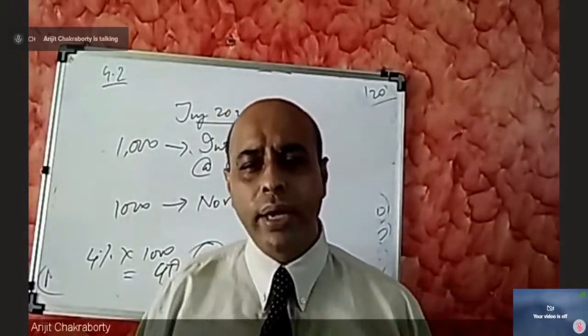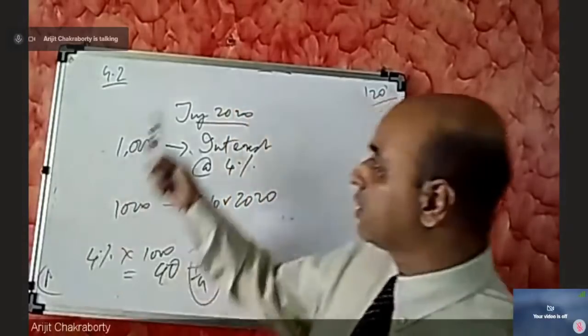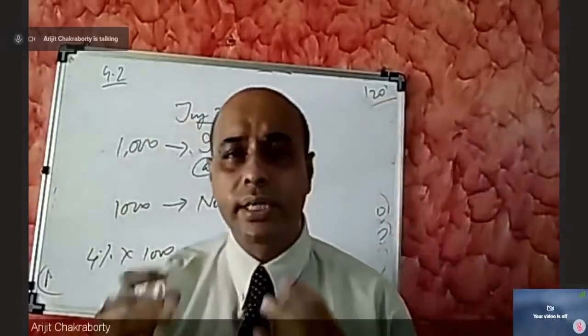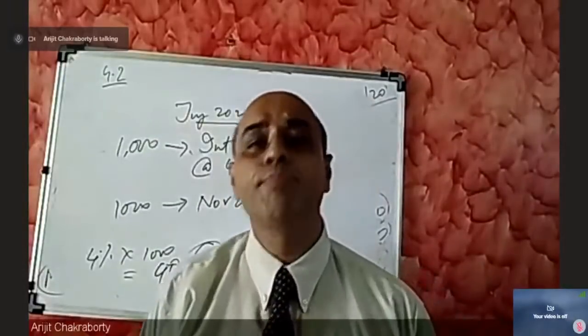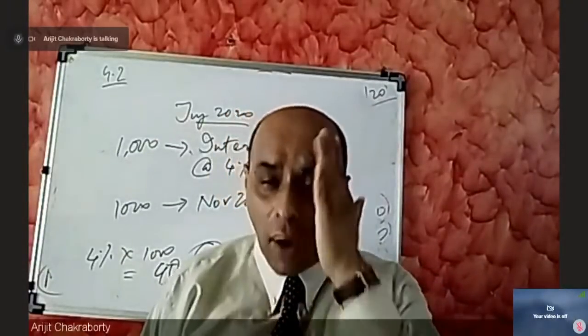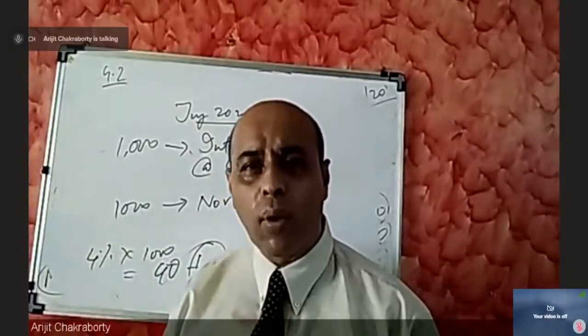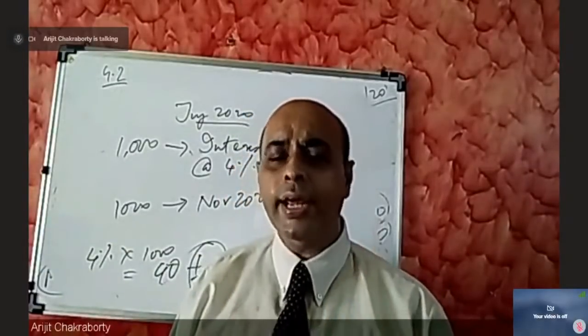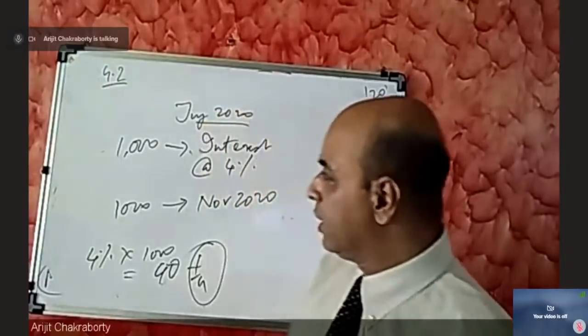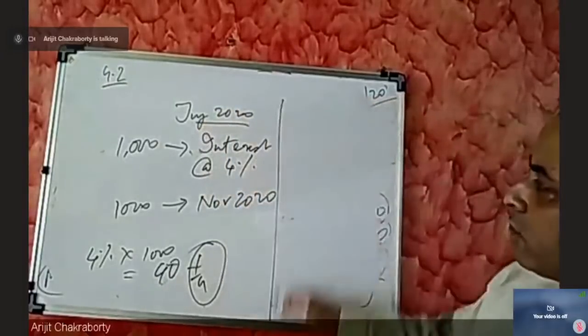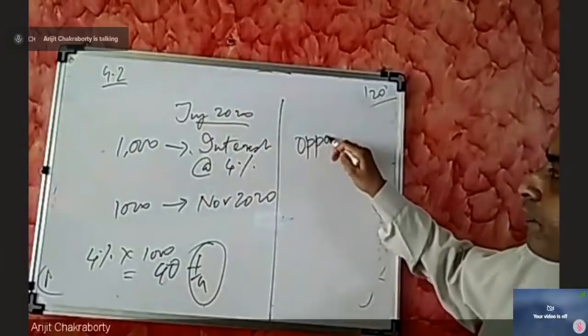Now why am I paying interest? This particular page 4.2 of the study material discusses why interest is paid. If I take a loan, I have to pay interest. Why? Because the bank has an opportunity cost.